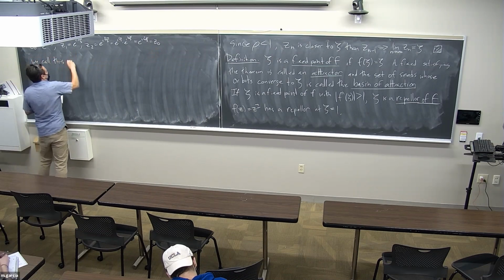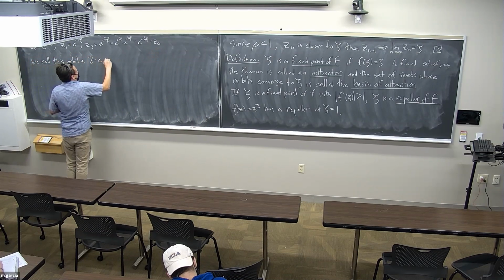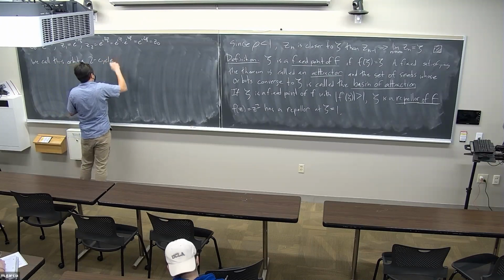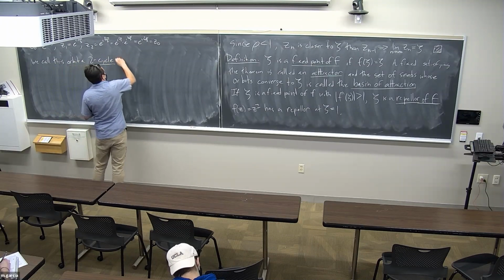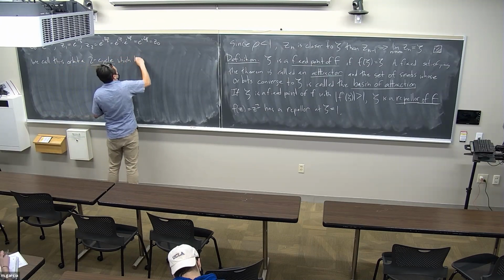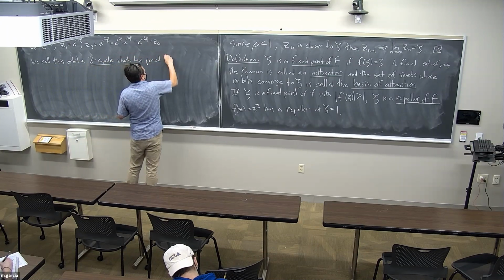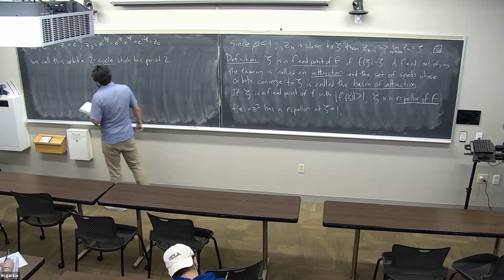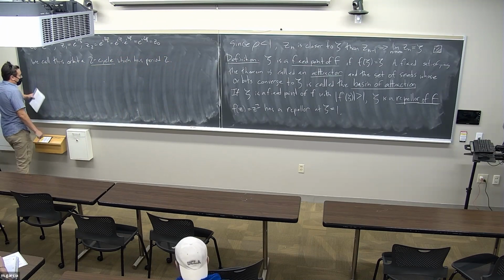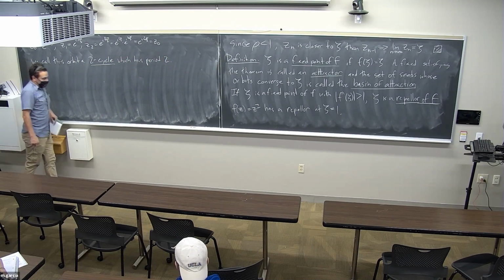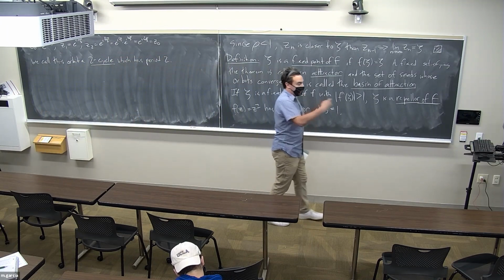Call this orbit a 2 cycle, which has period 2. Why does it have period 2? Because 2 is the minimum number of times you have to iterate for it to repeat.